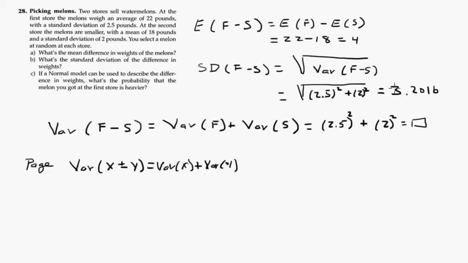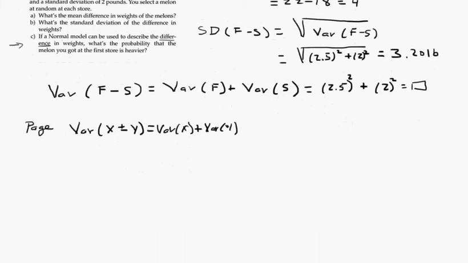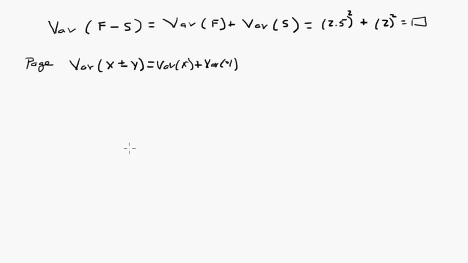Okay, so we'd expect the difference to be 4, but it's got quite a standard deviation, a pretty large standard deviation. Okay, so now the interesting thing is they say that if a model can be used to describe the difference, so if the model can be used to describe this difference here in weights, what's the probability that the melon you got at the first store is heavier? Okay, so what they're asking us to do is they're saying if the difference follows a normal model, so I can't draw very well with this electronic pen, so I'm going to do the best I can.